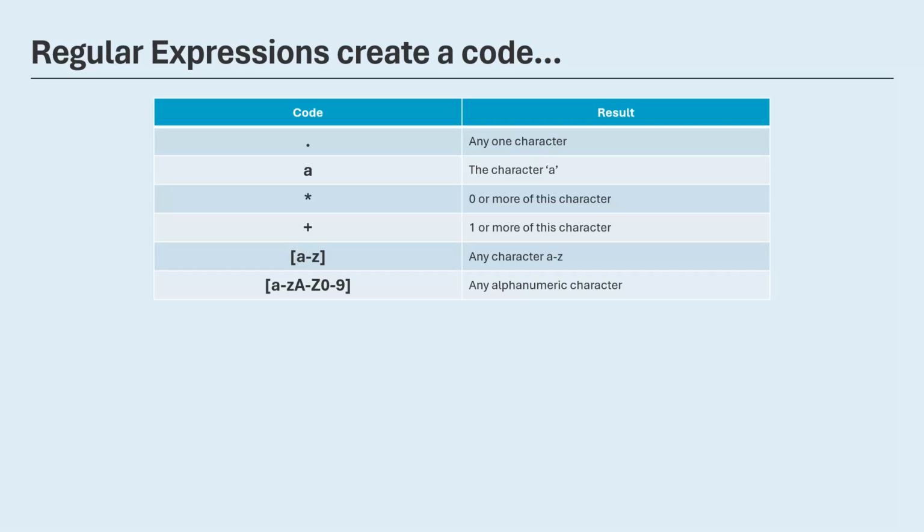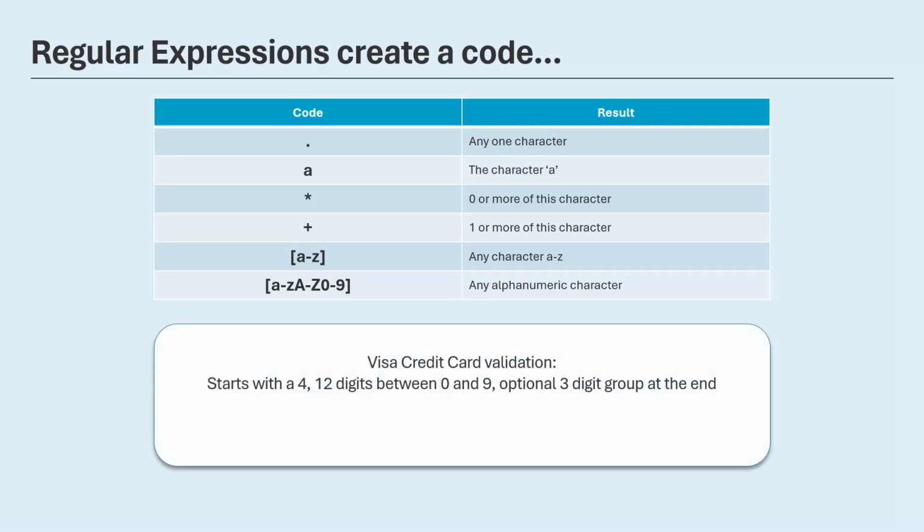A real-life example would be something like, is this a Visa credit card? Visa credit cards always start with the number 4, and they have 12 digits, each digit being between 0 and 9, and there's actually an optional 3-digit group at the end. So if you were to put that into a regular expression, it'd look like this.